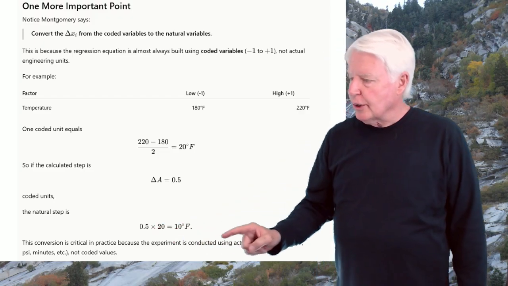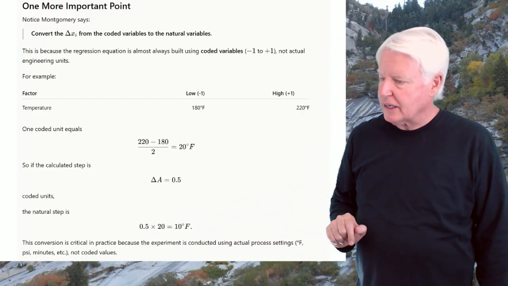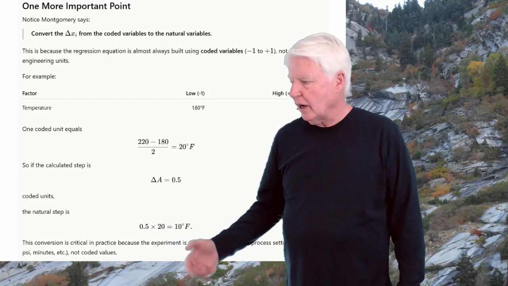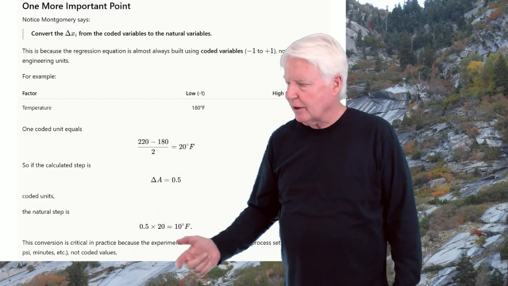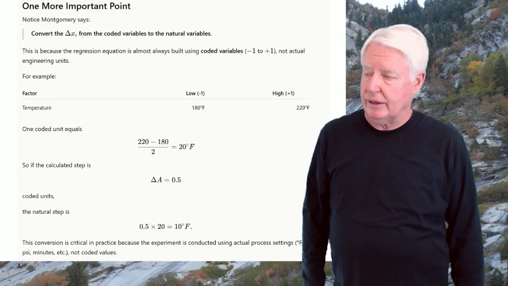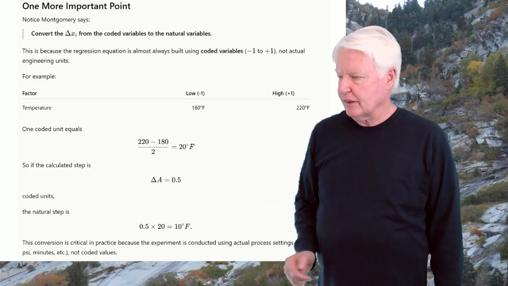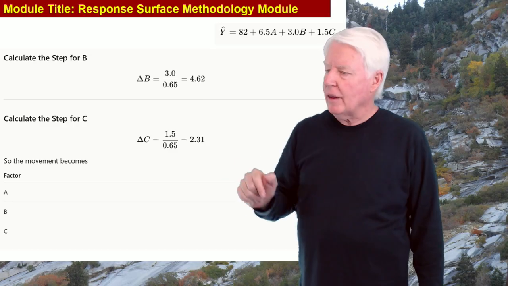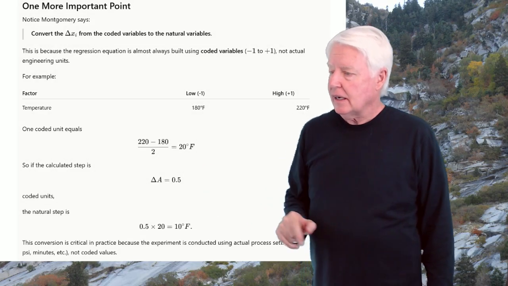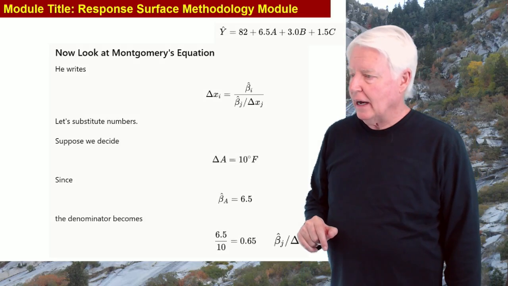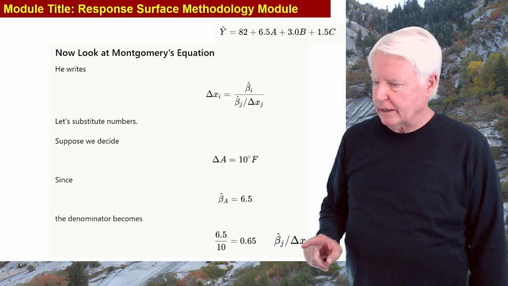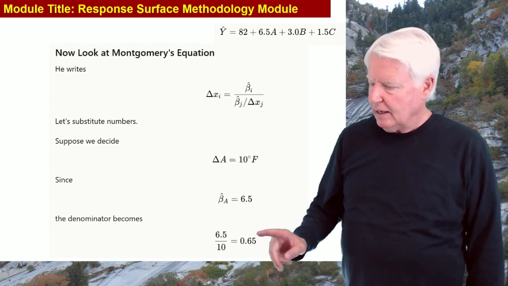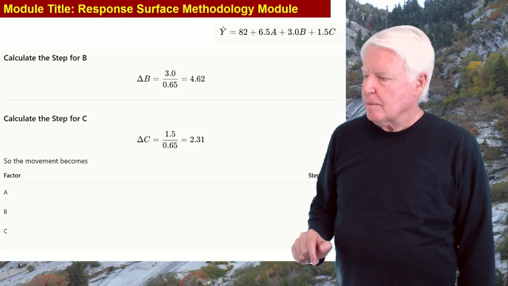This conversion is critical in practice because the experiment is conducted using actual process settings, degrees Fahrenheit, PSI, minutes, whatever it ends up being, not the coded values. So I think it's pretty obvious why we had to do that. Now that I know this is 0.65, remember where I got that from, right over here: beta j divided by change in variable j is 0.65.